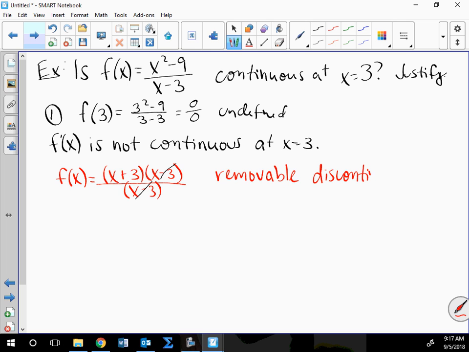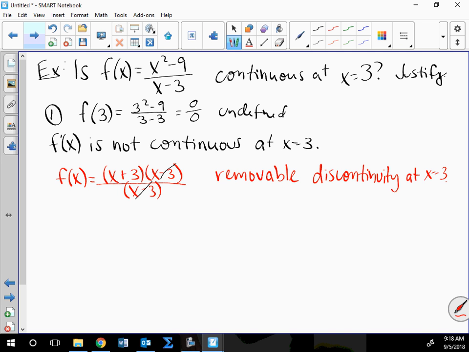And we want to state where it is: discontinuity at x equal to 3. Again, if they don't ask for that certain type, you don't have to specify what kind. But here it failed the very first condition. Our function is not defined at 3. So if the point doesn't even exist there, it's not possible for it to be continuous there.